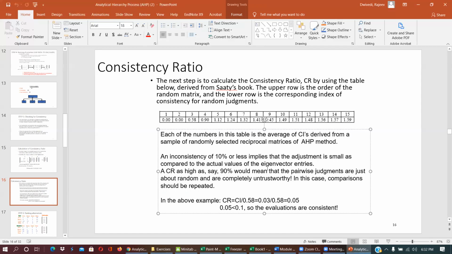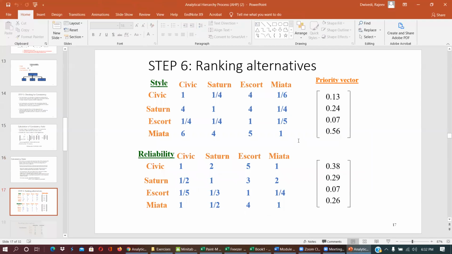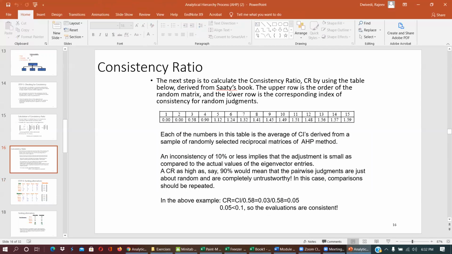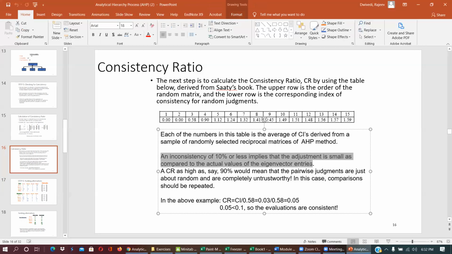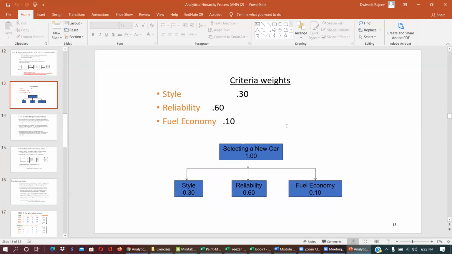So this first criterion has been consistent, this is valid. Now we go to the next part.